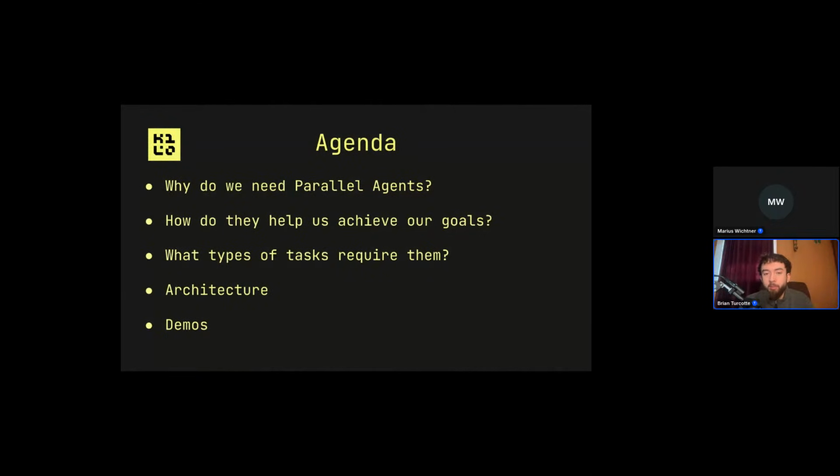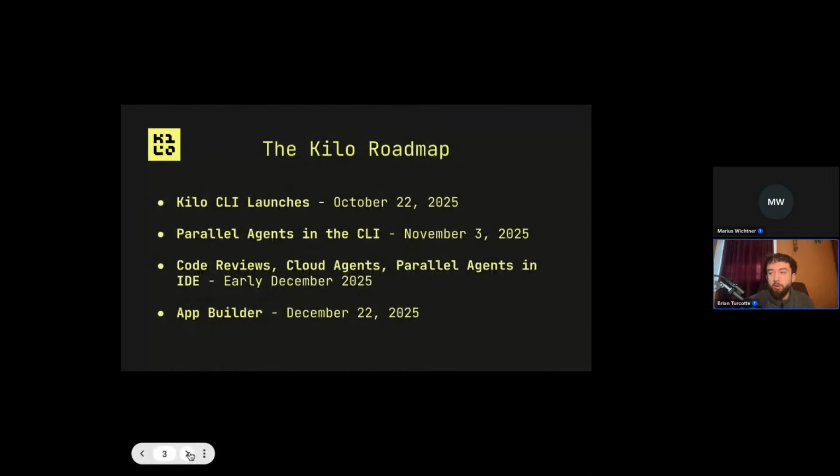How do they actually help us achieve our goals? And what types of tasks require them? And then we'll go through a little bit of the architecture of Kilo's parallel agents, and then we'll do some quick demos.